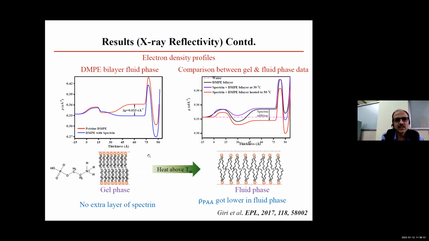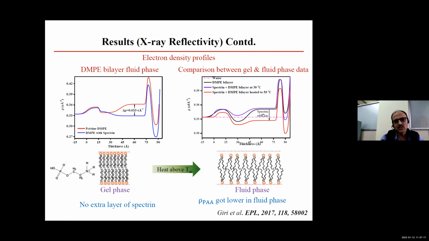Then we carried on. We changed the temperature of the DMPE bilayer. The interesting thing is that when heated to 50 degrees C, it goes into the fluid phase. When the DMPE layer moved into the fluid phase, we found a significant drop of density in the polymer cushion.